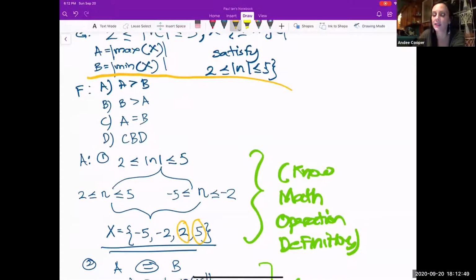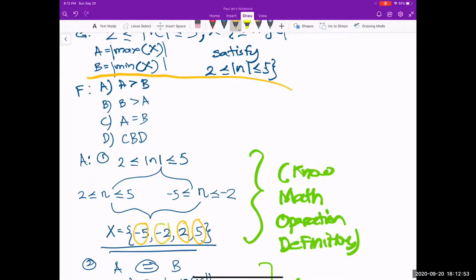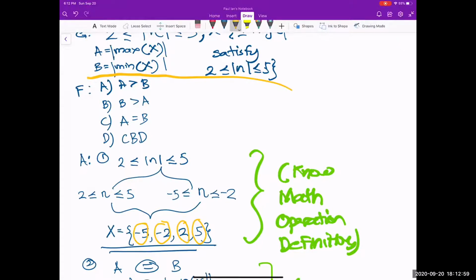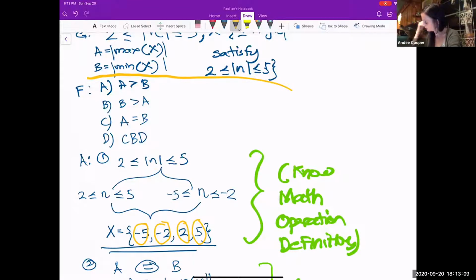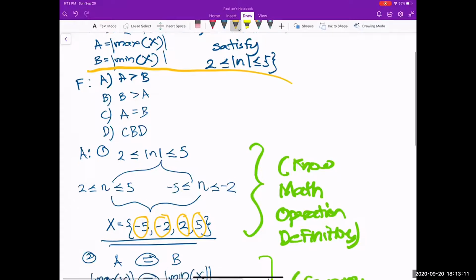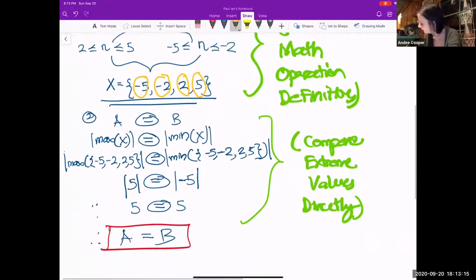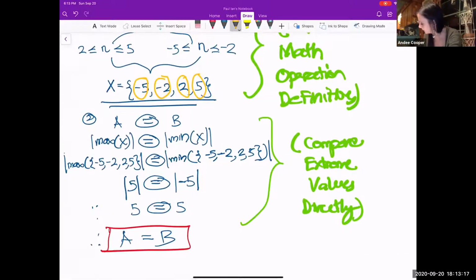So the least one is -5. But then when you do the absolute value, it's going to be 5 for both, right? Oh, so they're equal. Yep. The end of the story is they are equal.